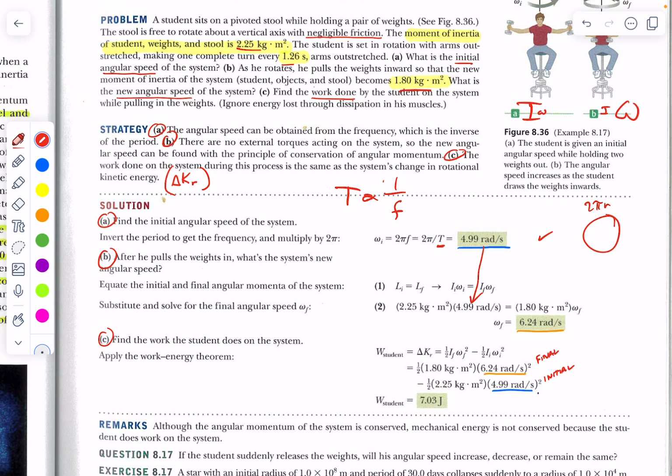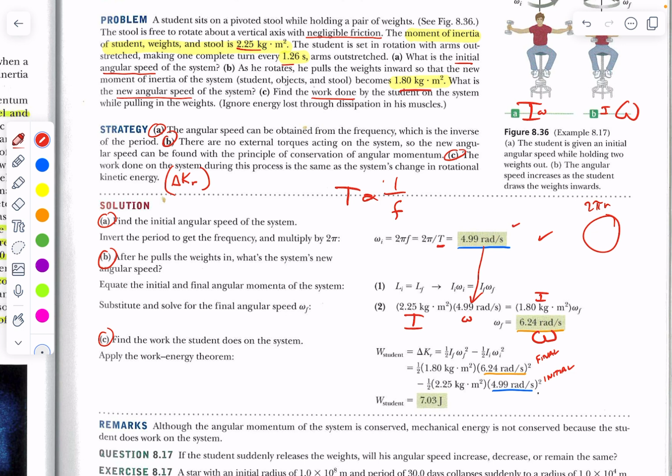And so here's my initial inertia that's given to me in the problem, and my initial speed. And then when the person brings his arms in tight, his inertia gets smaller, but his speed gets greater, and we solve for that speed. And you can see it is another radian and a quarter greater than it was up here.